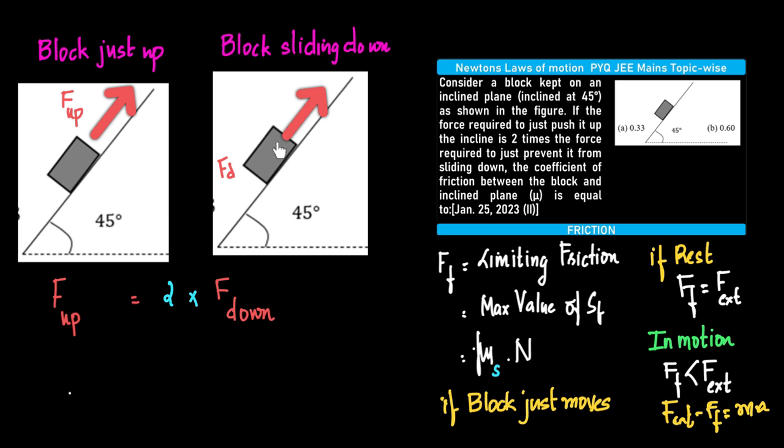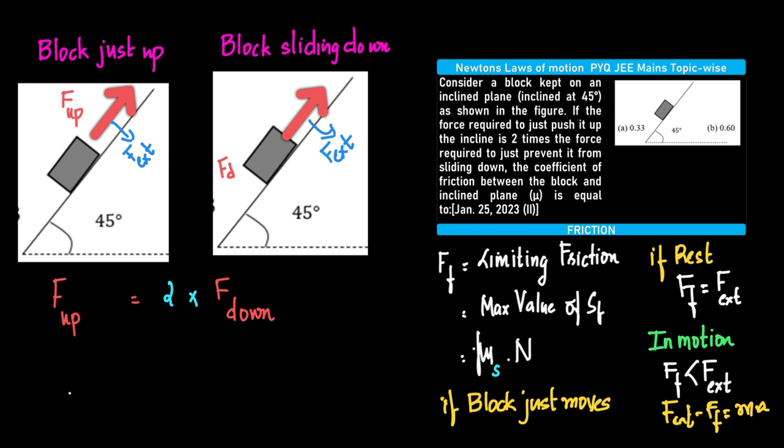Now, if the block is sliding downwards and you want to prevent that sliding motion, the force should be applied upwards. So in both these cases, the F external is along the same direction. It is along the incline of the plane, right?